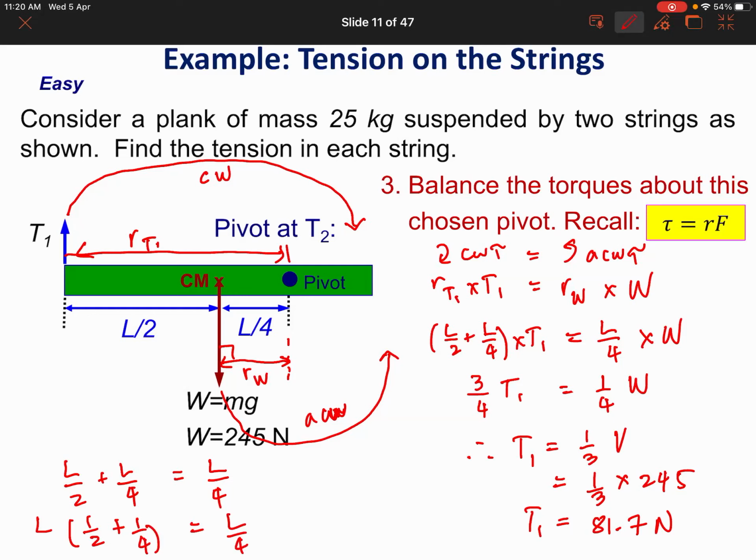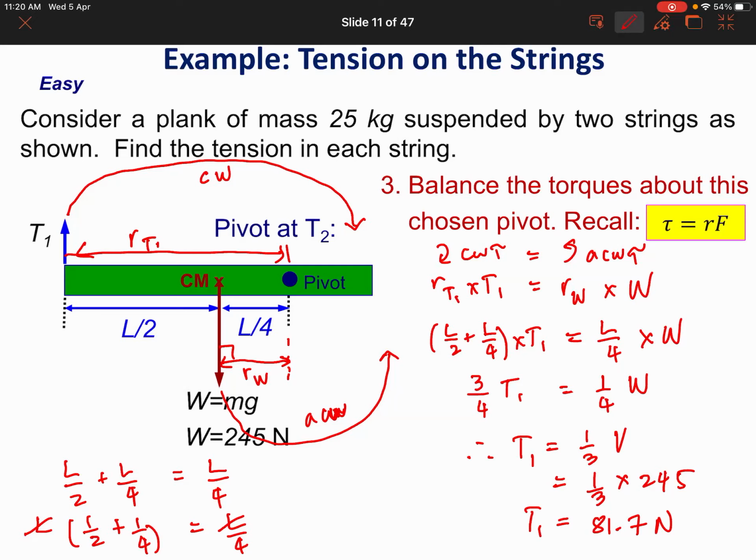If you distribute L to each of the terms in the parenthesis, you recover this term here. So L times 1/2 is L over 2, and L times 1/4 is L over 4. So you can factor out the L. L appears on the left side and L appears on the right side as well.